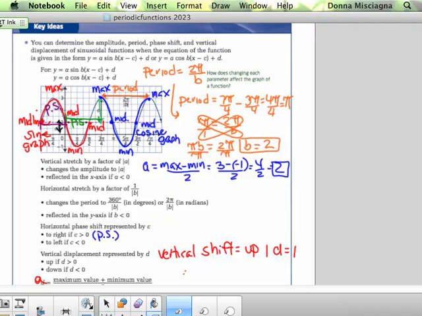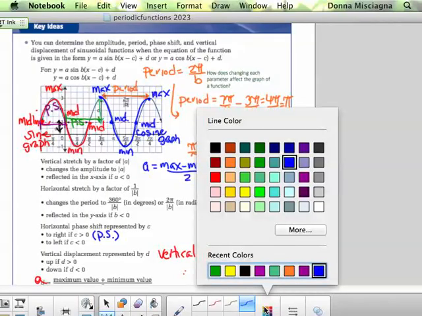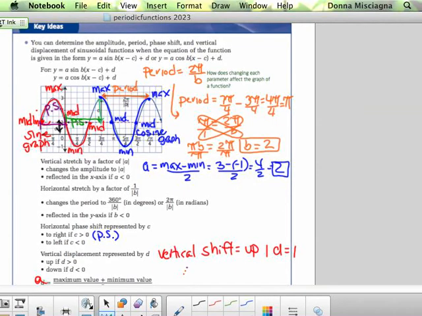I may as well keep the colors the same. Since I wrote with purple up there, I'll write with purple now. All right, so the phase shift for sine is left.